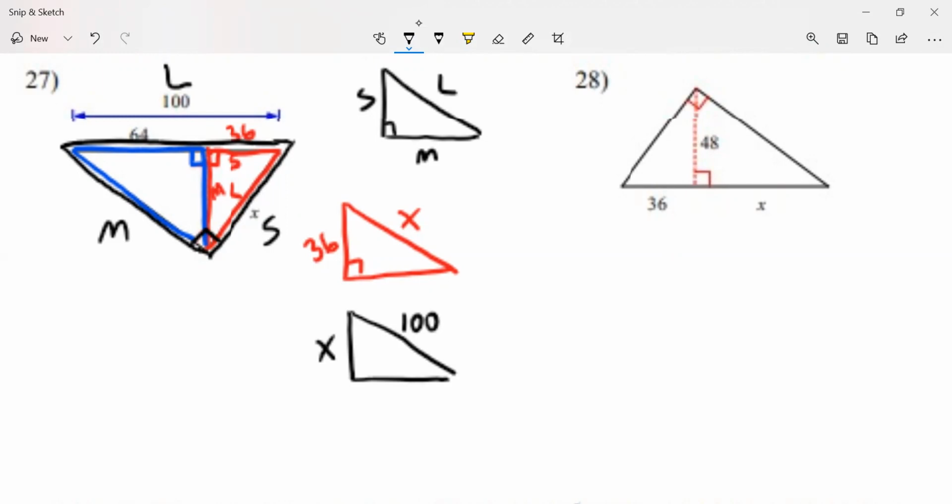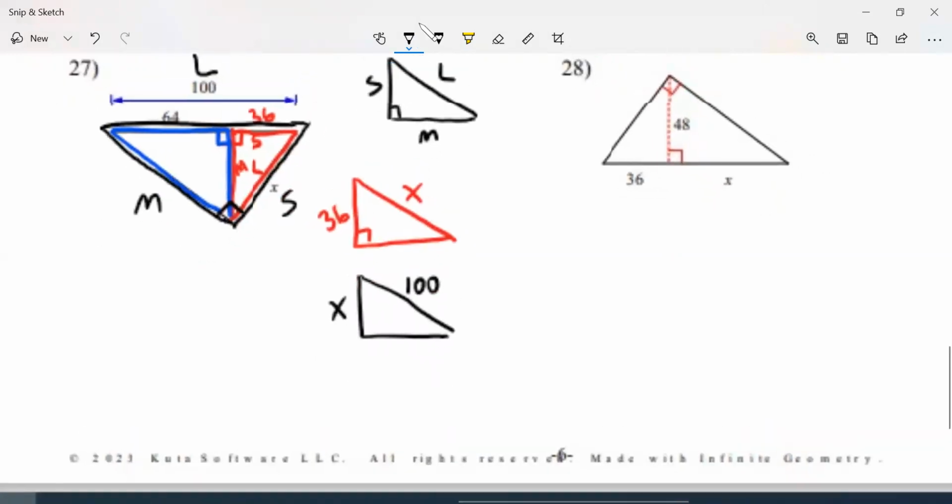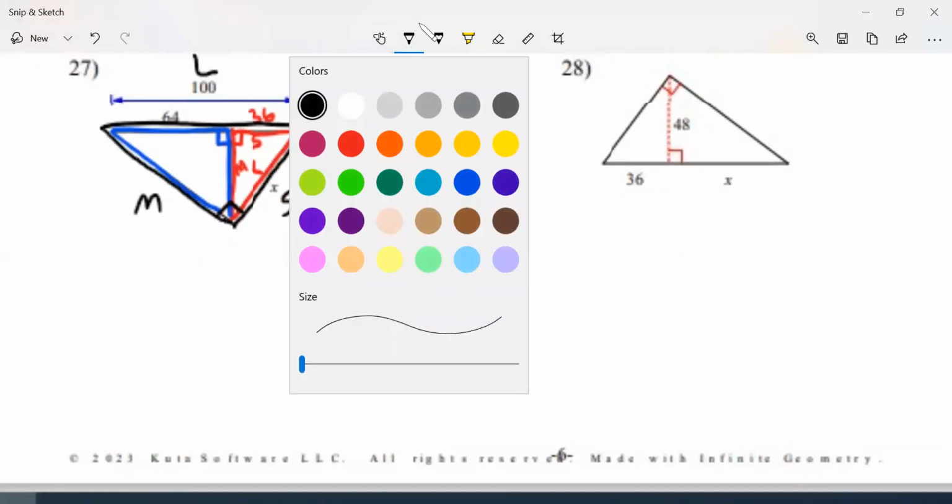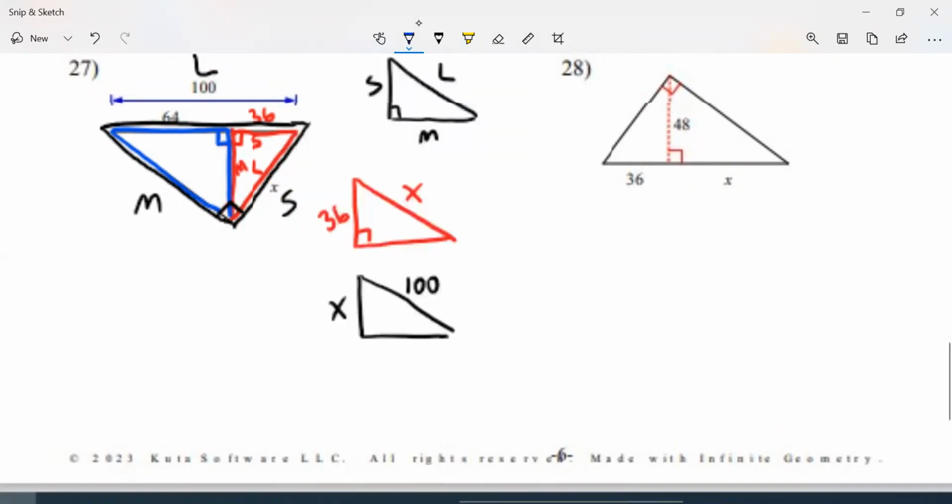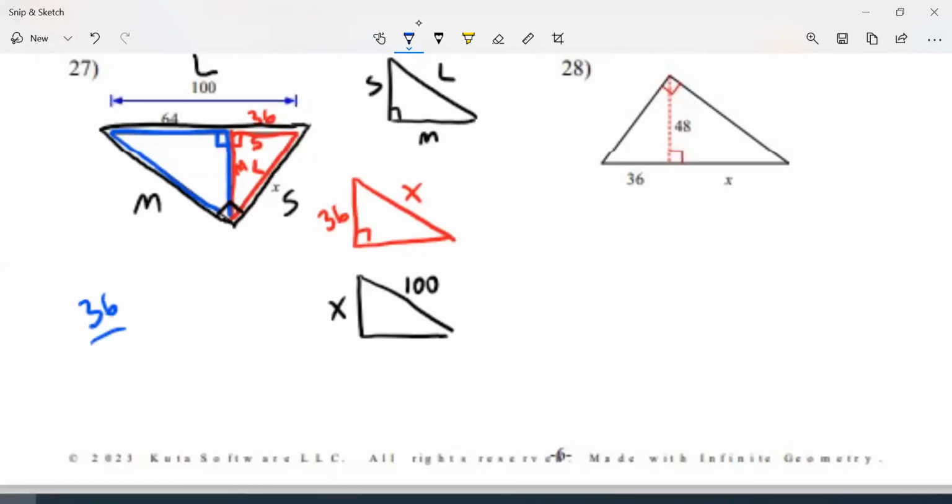Okay. Using proportions, using similarity, I'm going to be able to solve for x. For us to be able to tell the difference of my work, let me use blue, because I used the red and the black triangle. Based on the red triangle, I'm going to use the values 36 and x.